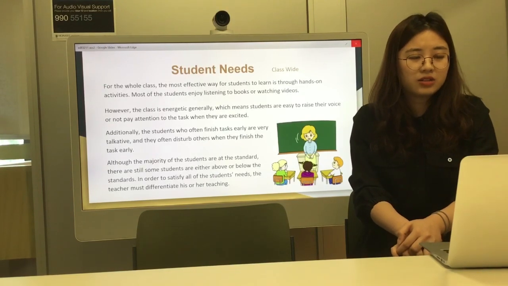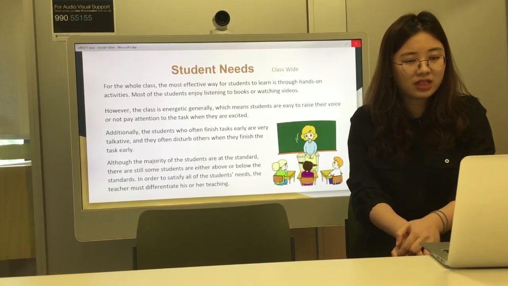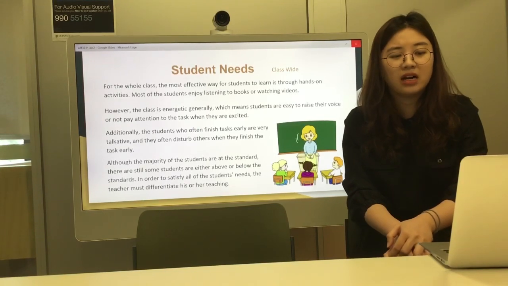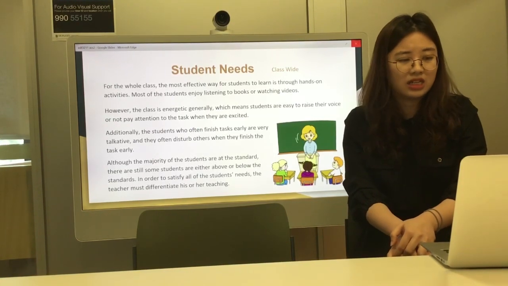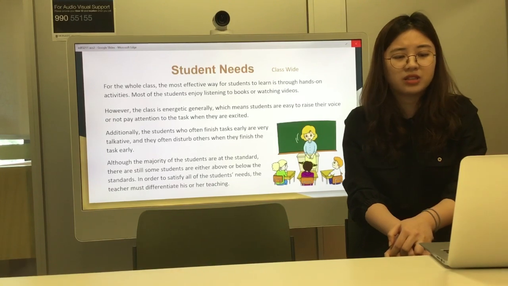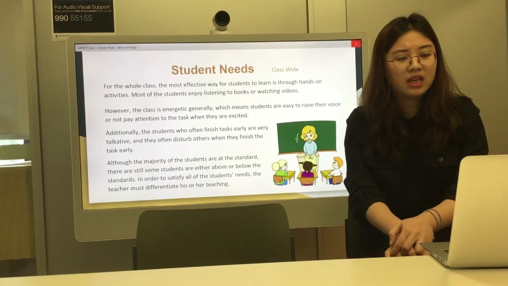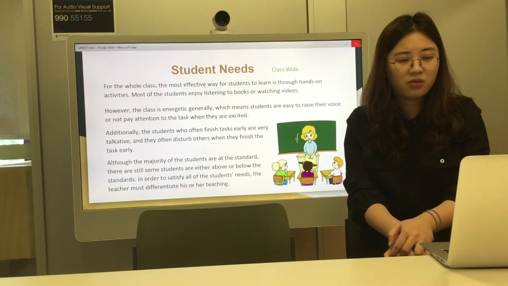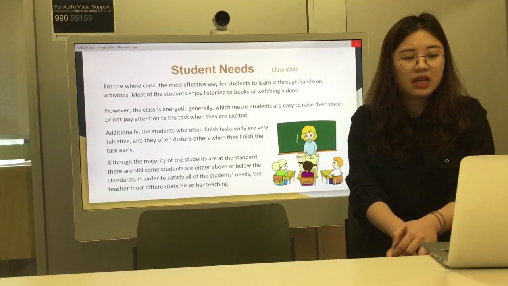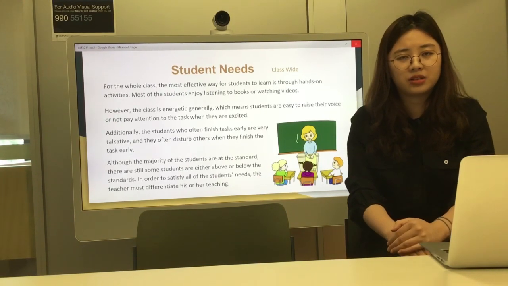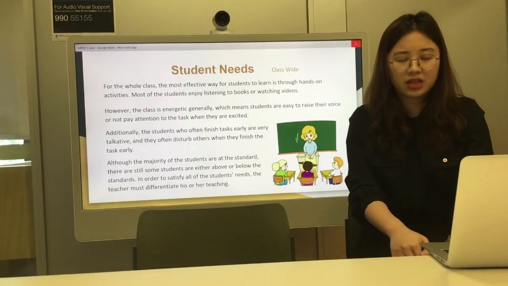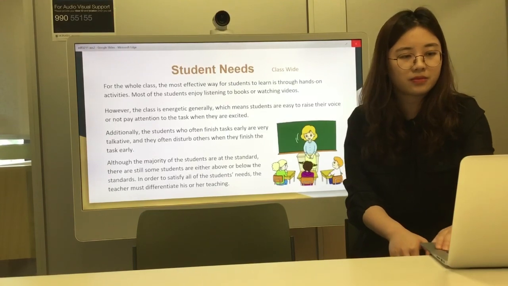Additionally, the students who often finish the task early are very talkative and often disturb others when they finish early. Although the majority of students are at the standard, there are still some students either above or below the standard. In order to satisfy all the students' needs, the teacher must differentiate his or her teaching.